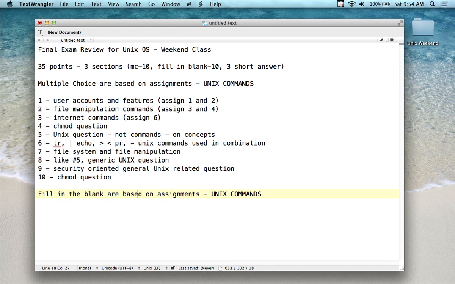They are based on the assignments, and they are Unix commands. You are required to write Unix commands.